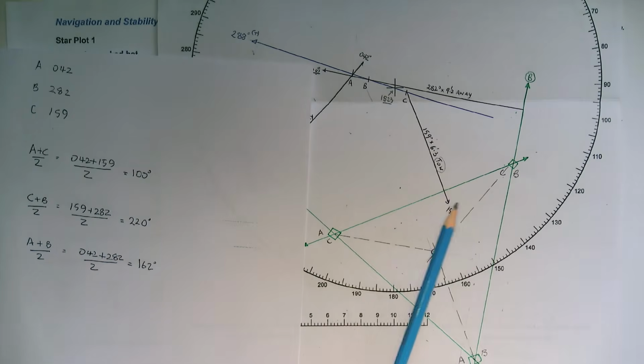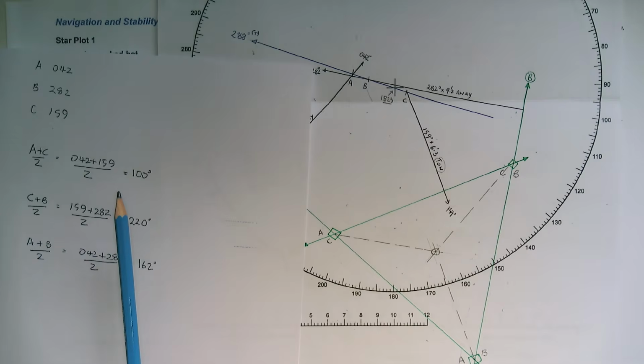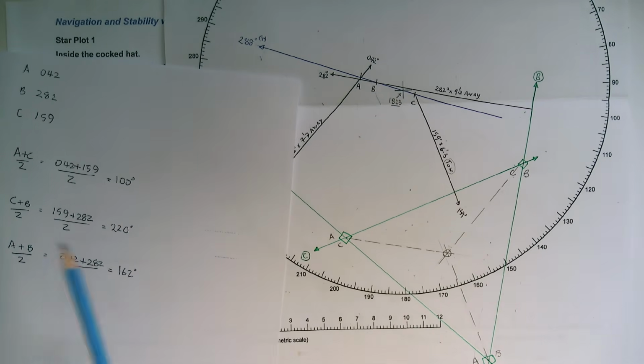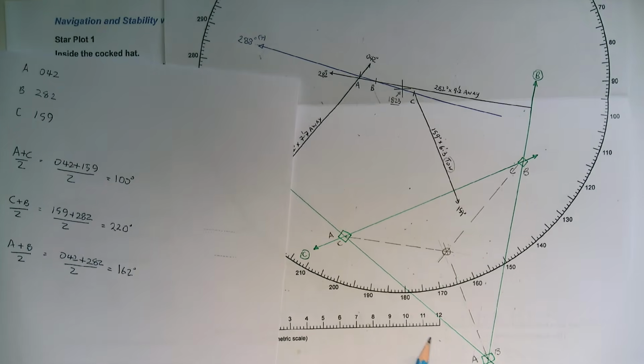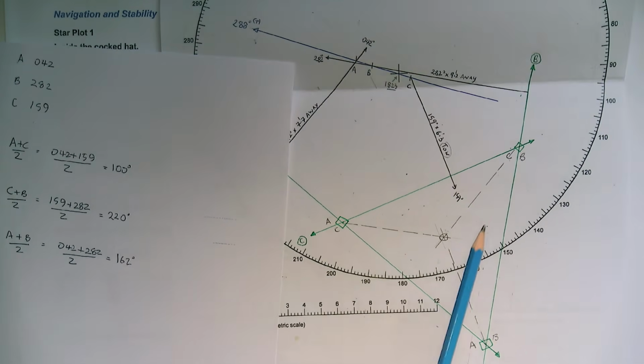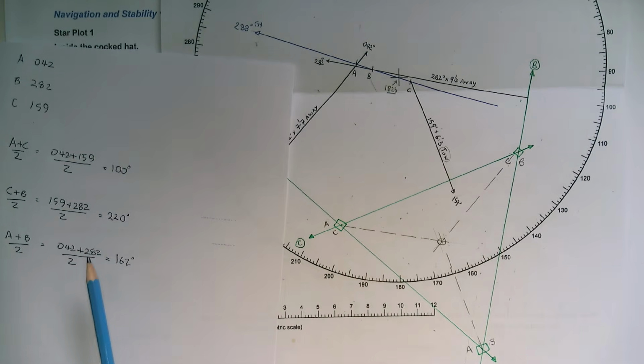We do the same for C and B and A and B. Therefore, from A and C, we draw a bearing of 100 degrees. C and B 220, and A and B 162, and where they all intersect, that will be the position of our vessel.